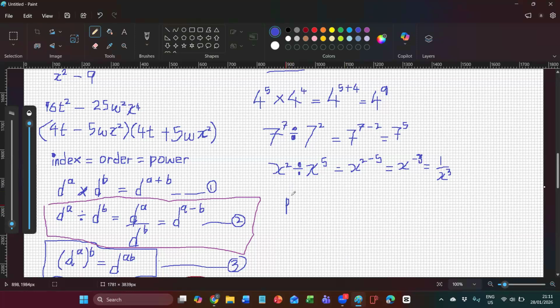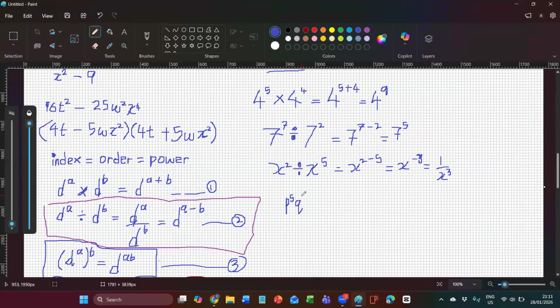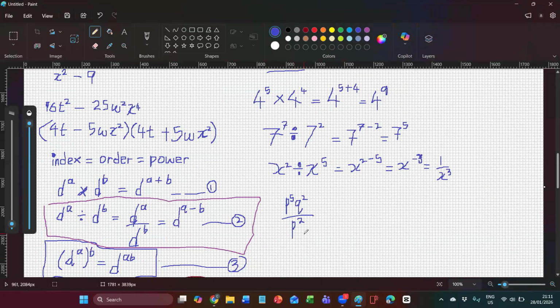So p raised to the power of 5 times q raised to the power of 2, all over p raised to the power of 2. Now, I'm sure you can see clearly here that there's a division sign, and then there are two bases that are the same, one on top and one beneath.